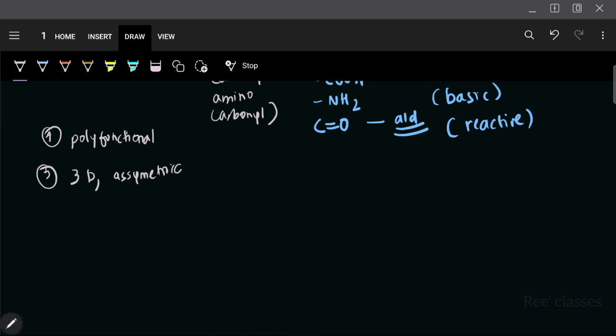It's because there are a lot of non-covalent bonds between the atoms in the molecule. So the 3D shape is maintained by a lot of non-covalent bonds between the atoms in the molecule.